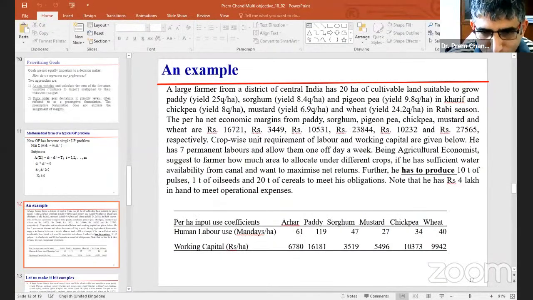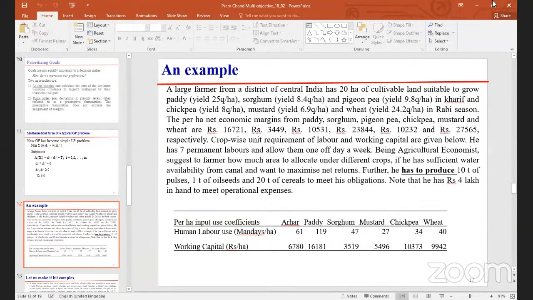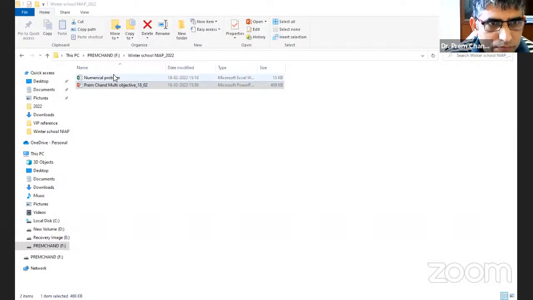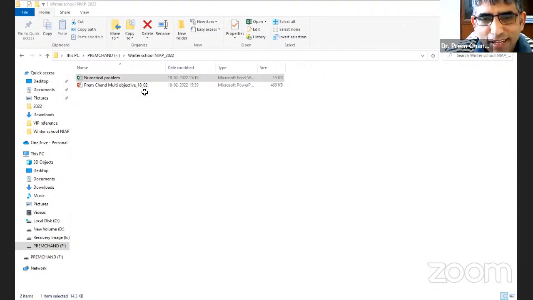So I will open the Excel file. I am unsharing this. Are you getting my screen? Sorry. My Excel sheet is opening. Can you see my Excel sheet?